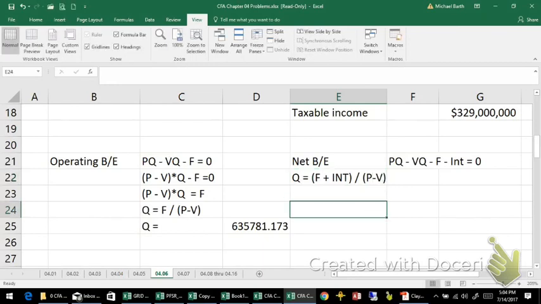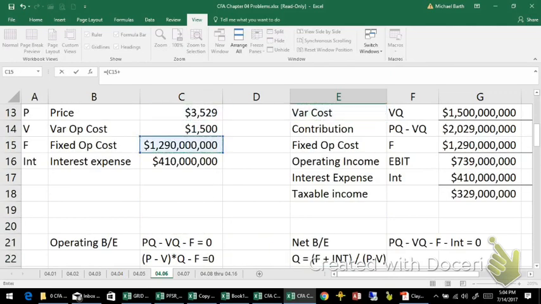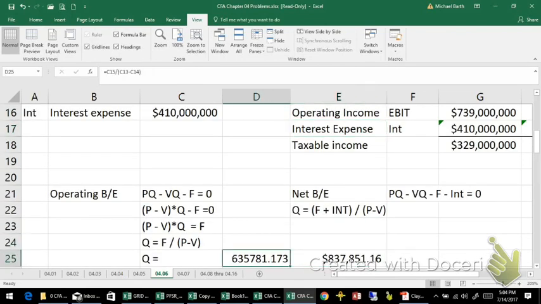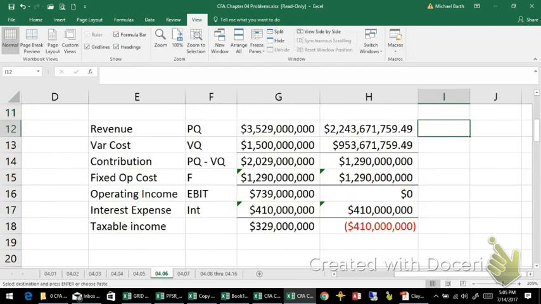So if I do that calculation, I take the fixed cost plus the interest expense, divide that by P minus V, and that's not dollars, it's units. Then it'll tell me that I need 837,000 units.